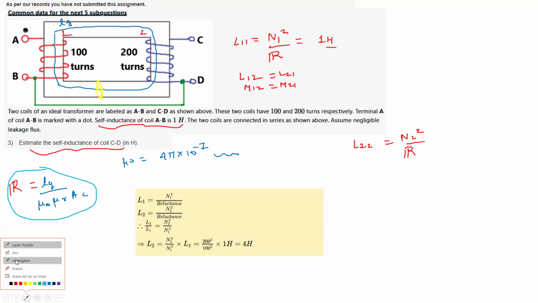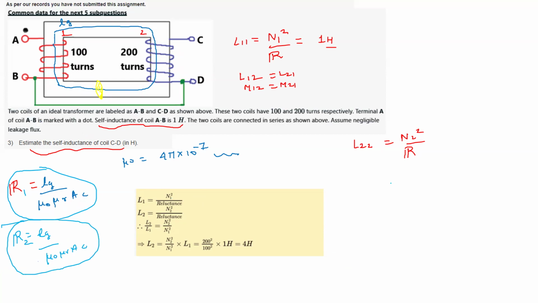So for the self inductances in the first case and the second case, R1 and R2 are the same. Is there any contention to this? They are the same because it is the same magnetic medium, with the same cross section and the same length of the magnetic field path.